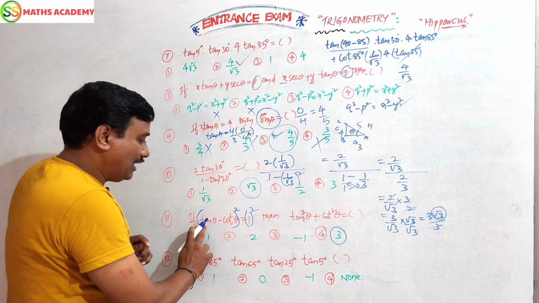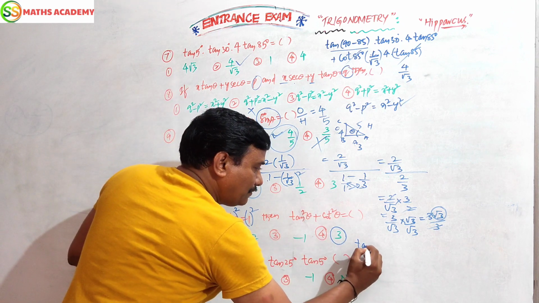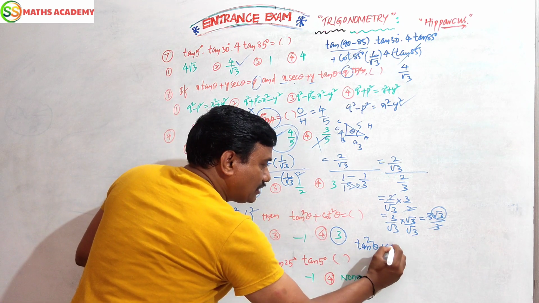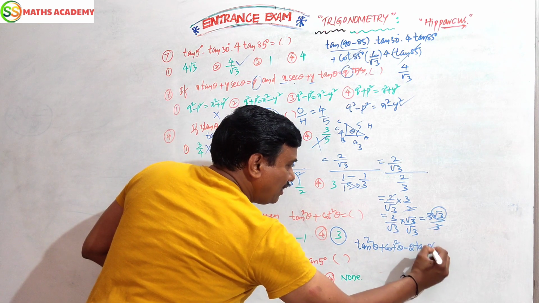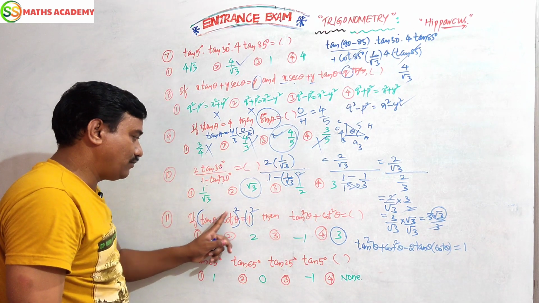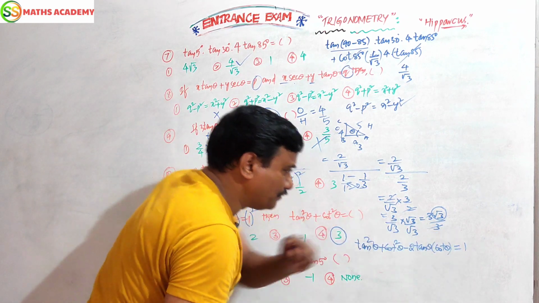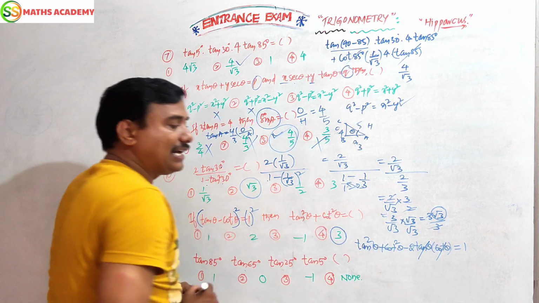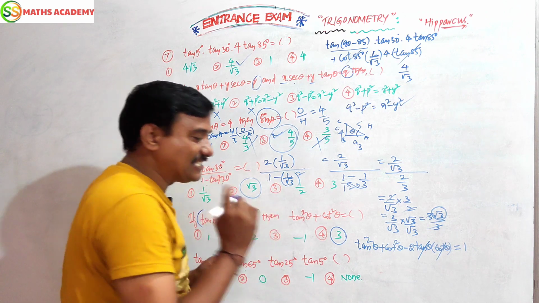Let us see. (a minus b) whole square is a square plus b square minus 2ab, where a is tan theta and b is cot theta, equal to 1 square, which is 1. Tan theta and cot theta get cancelled because tan is the reciprocal of cot.